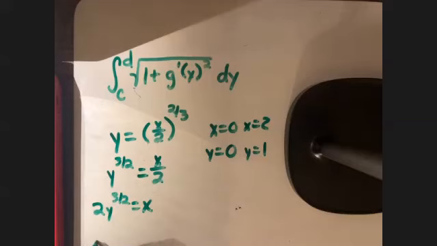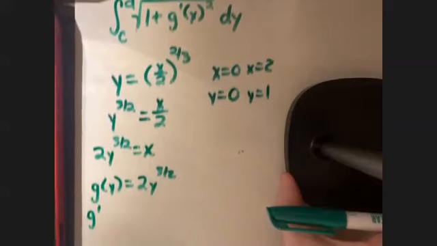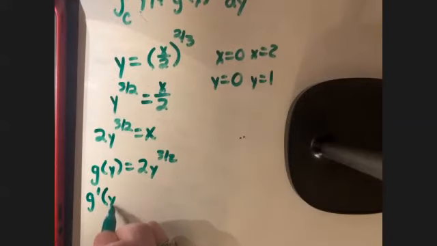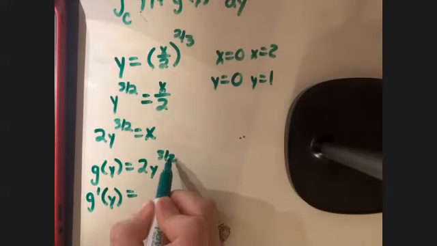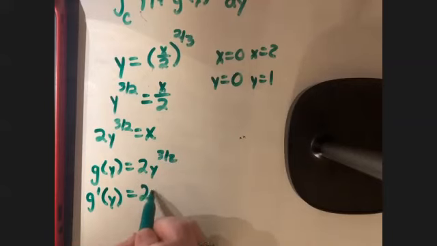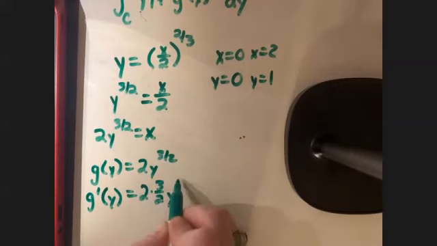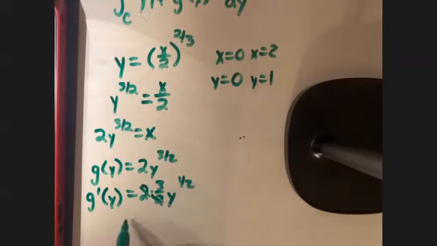So I'm going to call this g of y is going to be 2y to the 3/2. G prime of y is now going to be, okay, so the 3/2, I got 2 times 3/2, y to the 1/2, those are going to cancel. So I've got 3y to the 1/2.